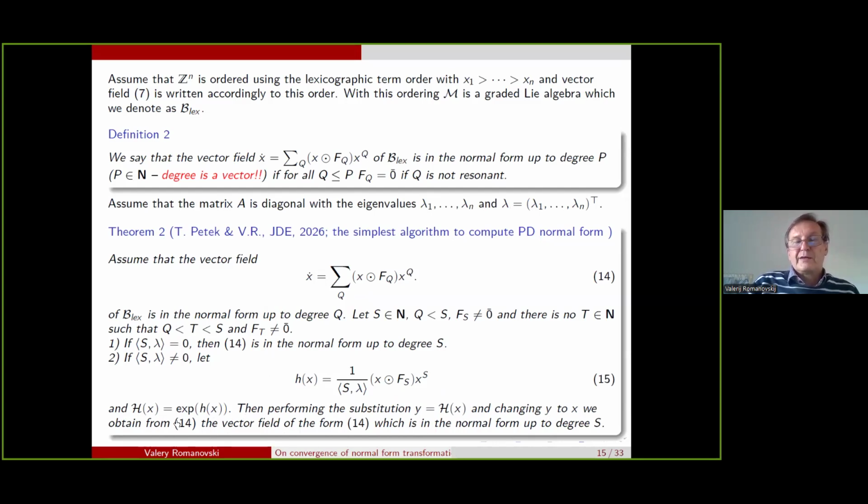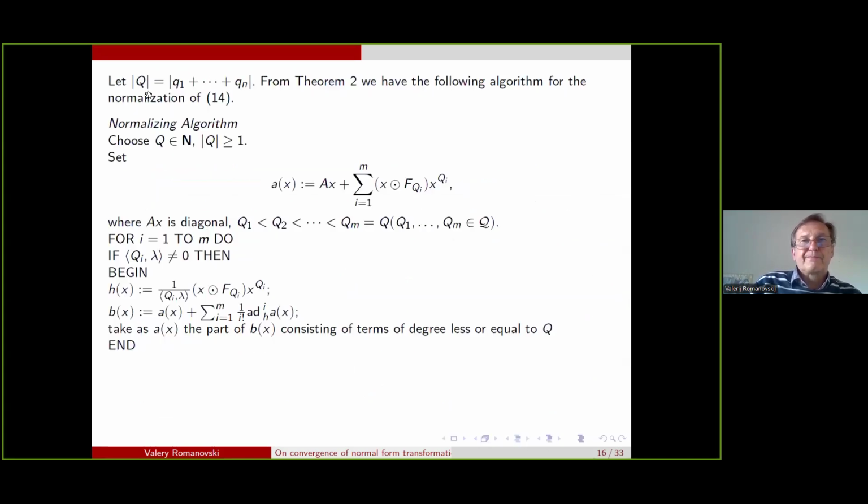Then performing the substitution, and changing y to x, we obtain from our vector field the vector field in the same form, but now it's in the normal form up to degree S. So in fact, this substitution is just needed to recompute the right-hand side of our system.